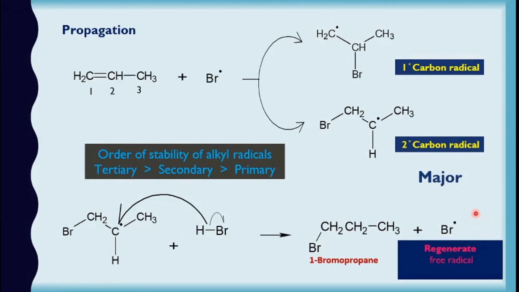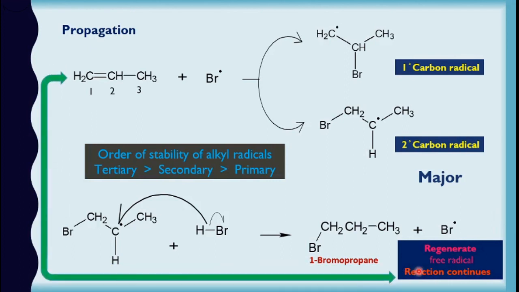The radical is again regenerated. Now this radical will continue the reaction. What does that mean? This radical will combine with another reagent molecule in the same way, and the entire cycle will repeat until you have unsaturated reactant and reagent in your reaction mixture.